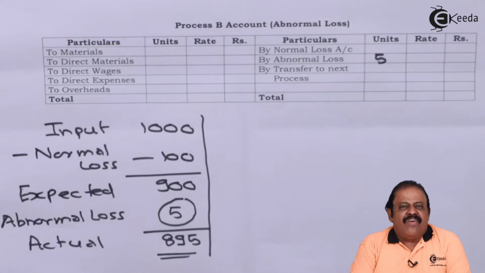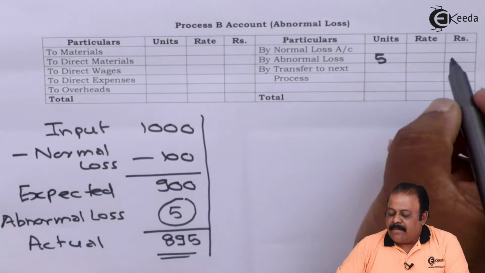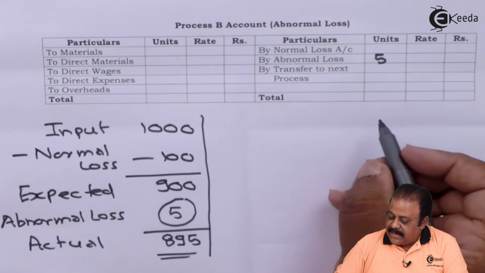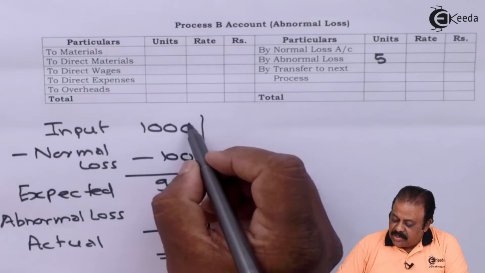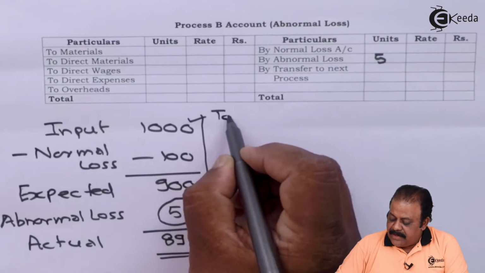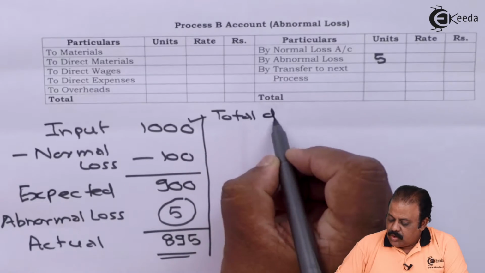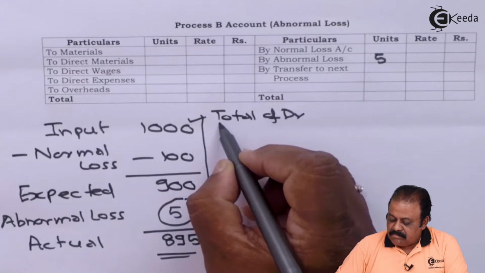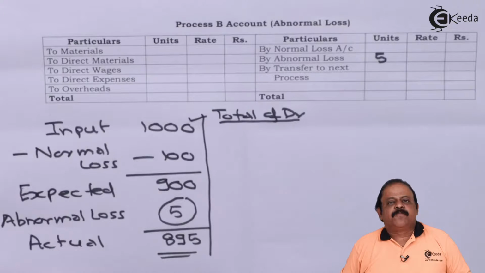We are required to value abnormal loss at cost of production, because those were actually expected units of output. So we do a working note to find out the value of abnormal loss. How to find that? We have input value of 1000 units. Here we take the total of the debit side, that is the total of all expenses.